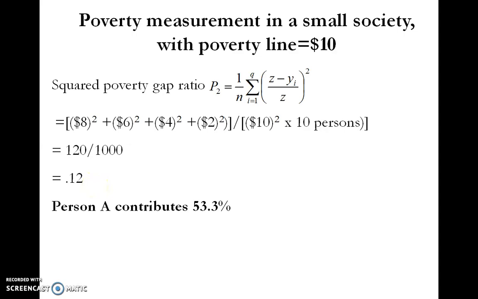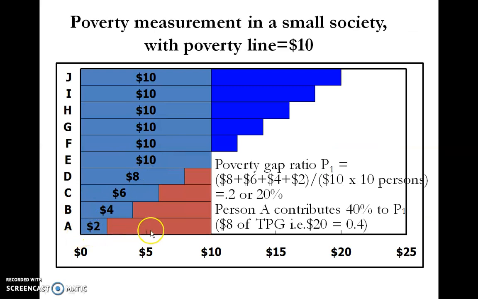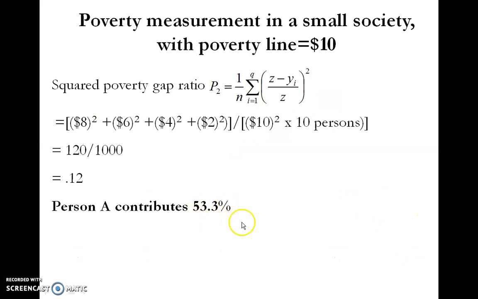Now, we want to know what person A's contribution is to this specific index. And if you did the calculation, you should come up with 53.3%. If we compare person A's contribution to the P2 index with person A's contribution to the P1 index, you can see that it has increased with P2.